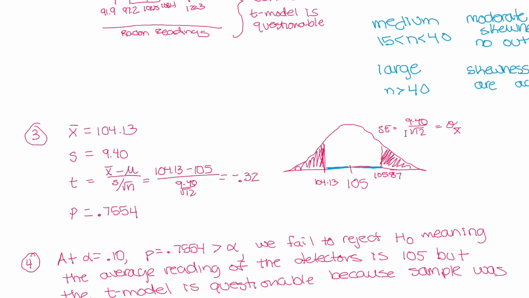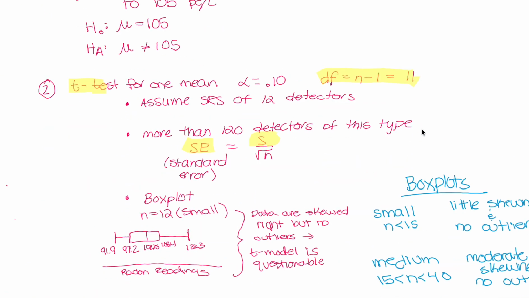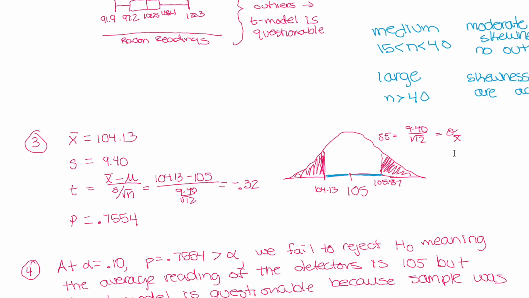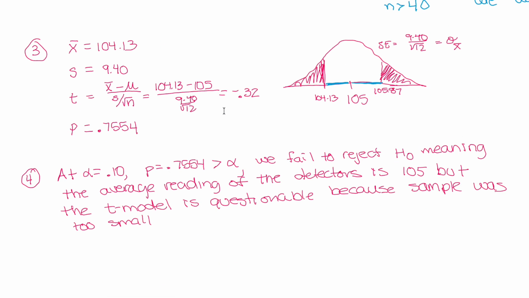Remember to write down the standard error using the formula we just did right here. This is our sigma sub x bar for this graph. And this is the p-value in here. This is the t-value, which is just basically using the formula. It will be provided in your brochure, I believe. If you're taking a college class, then maybe your professor will give you some formula sheets, I hope.